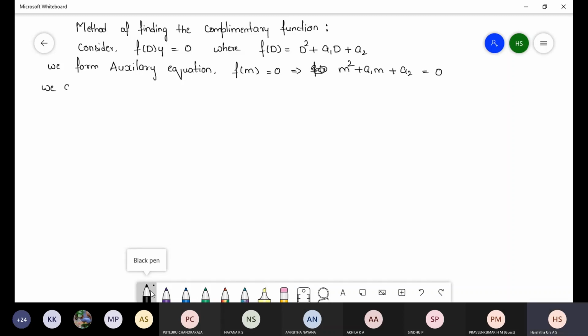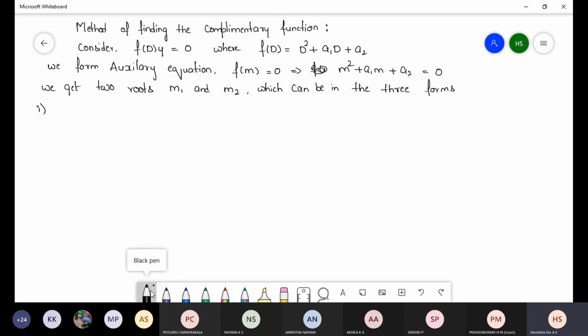We get 2 roots because the order is 2. Let us write m1 and m2, which can be in 3 forms.